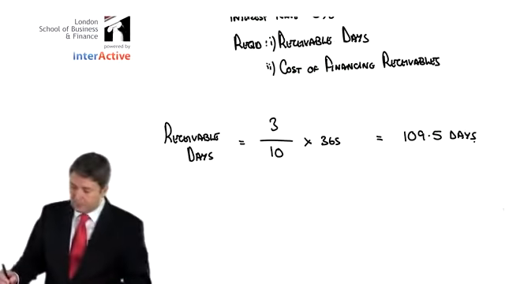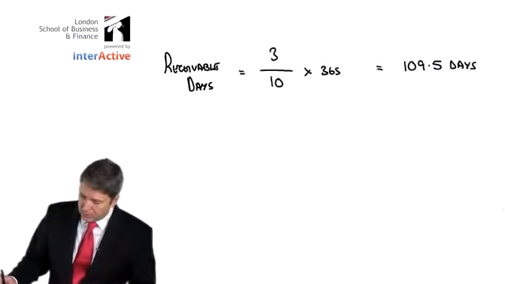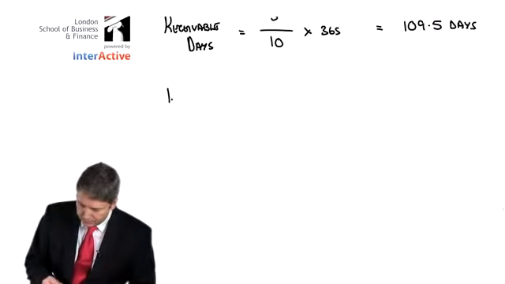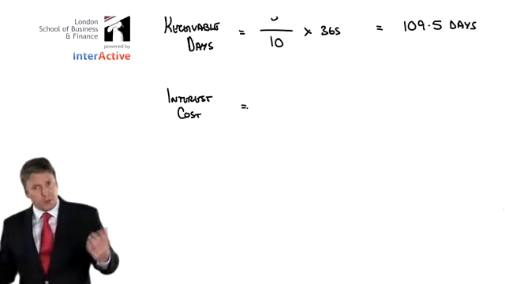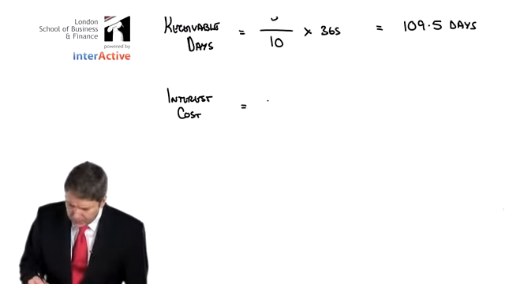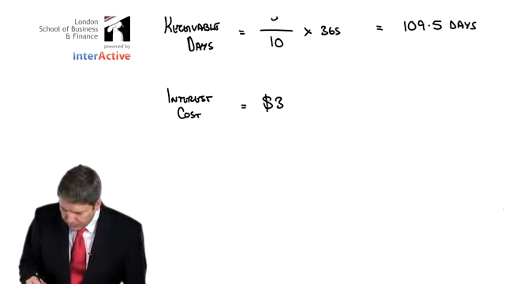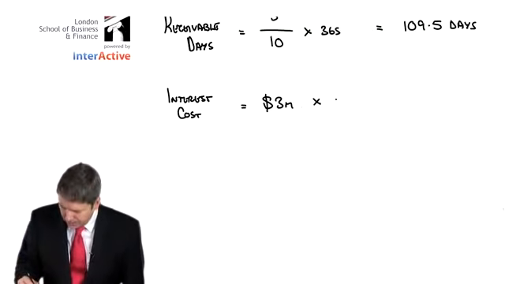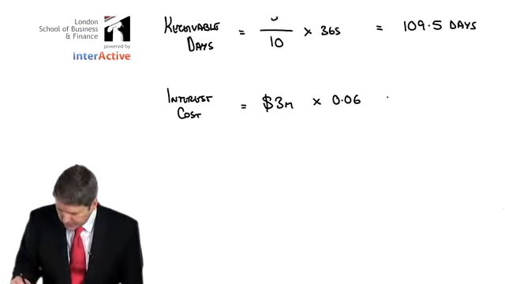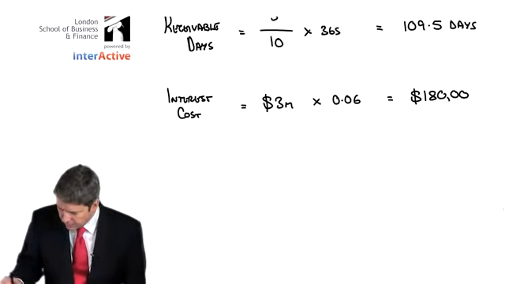So we've got our receivable days, and all we want is the interest cost. And the interest cost couldn't be easier here. We're given the receivables balance. So couldn't we simply say, we've got a 3 million receivable balance, multiplied by the interest rate, 6%, and that comes to what? $180,000?